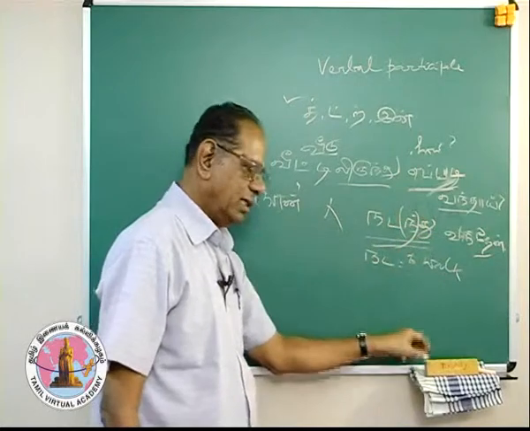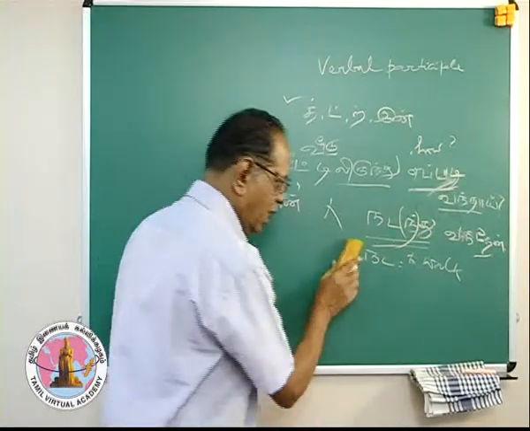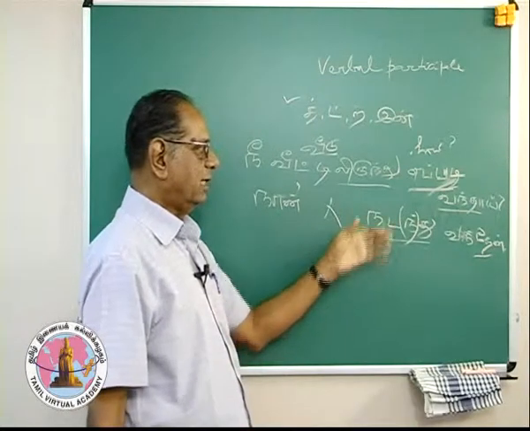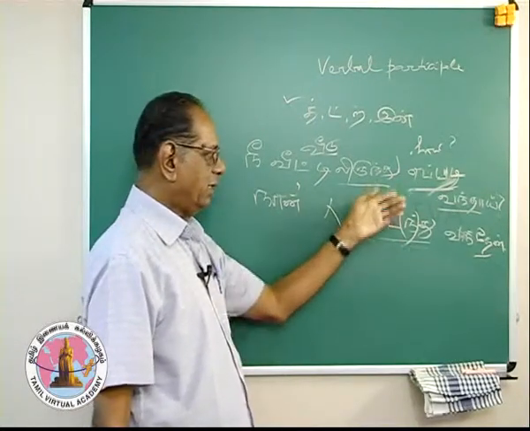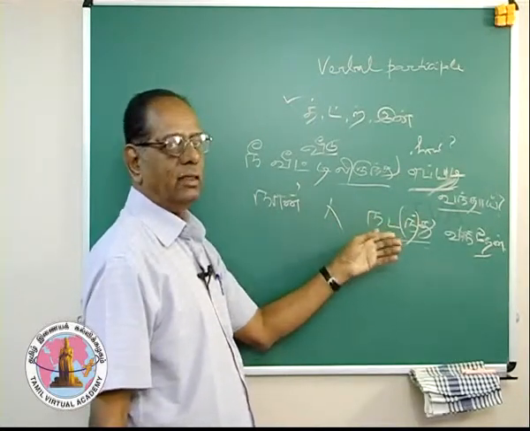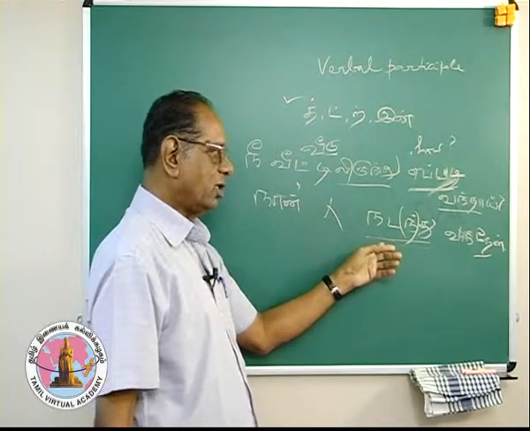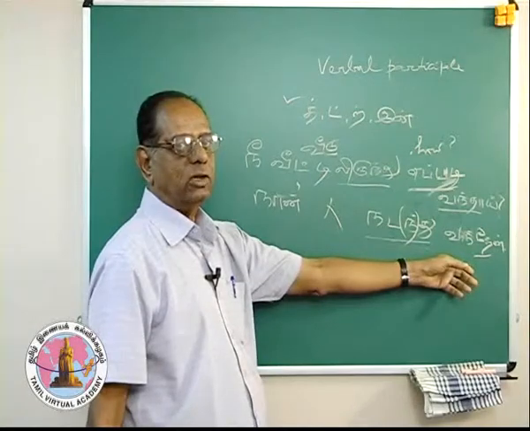Nadandu vandeen. So here you find that there is an answer and the method has been explained, and this gives you the actual action and also the tense and all that.